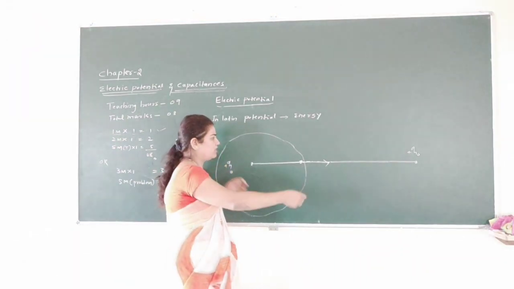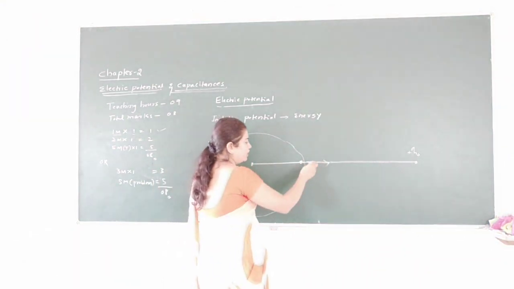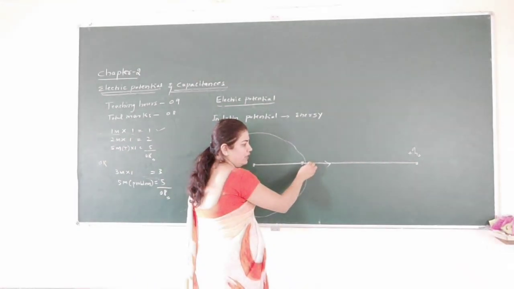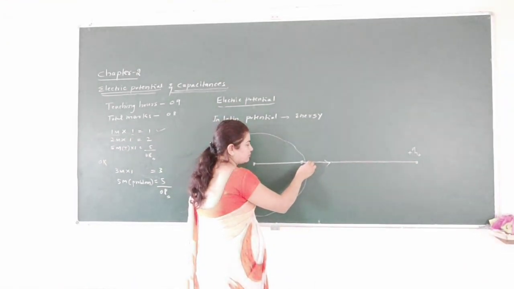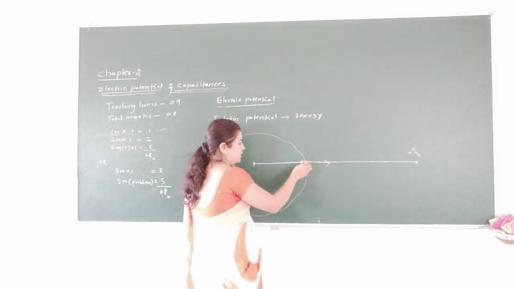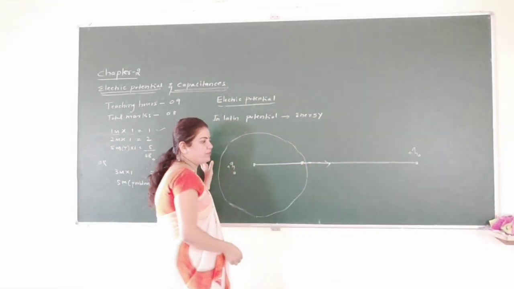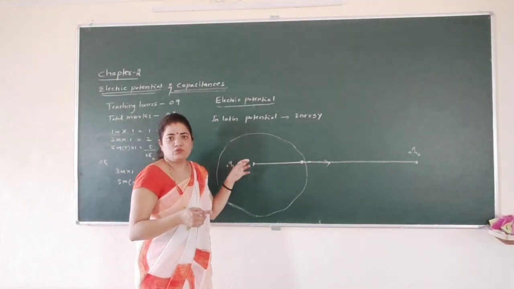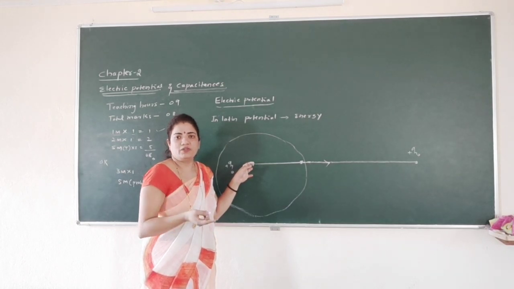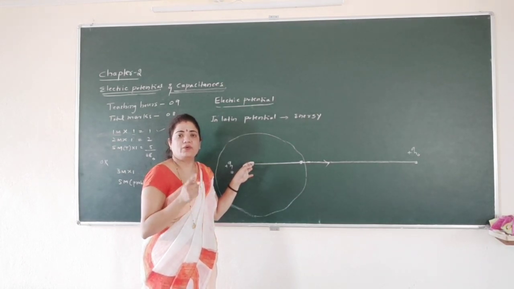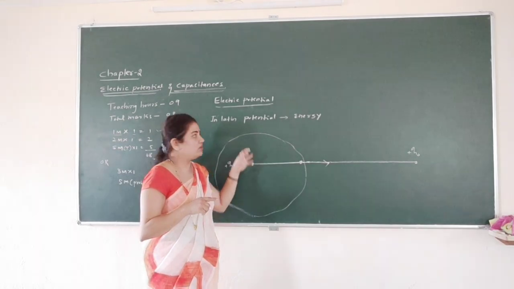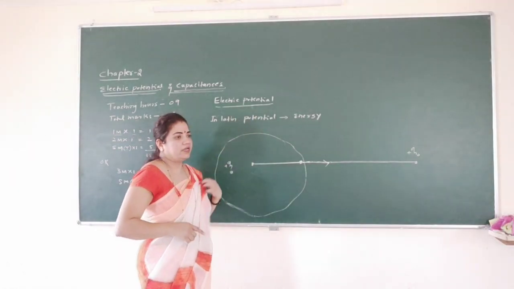So that test charge is brought from infinity to this point without doing any work. Once the test charge enters the electric field, it starts experiencing repulsive force. To overcome that repulsive force, we have to do work. That work done is stored as energy in an electric charge. That energy itself is called electric potential.